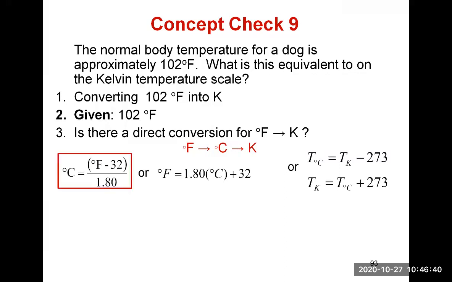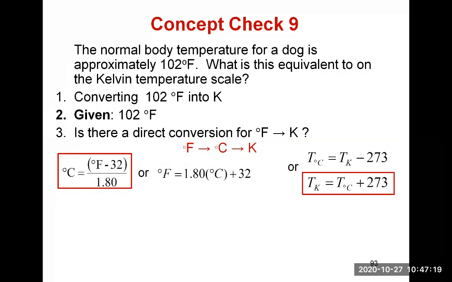So it's going to be the first equation here that says degrees Celsius equals degrees Fahrenheit minus 32 over 1.80. Once we have our degrees Celsius as an intermediate answer, we want to convert them to kelvins. And so we will use the equation that solves for kelvins and that has degrees Celsius that you can plug into the formula. So that's the second formula here that you need to use for the second conversion.